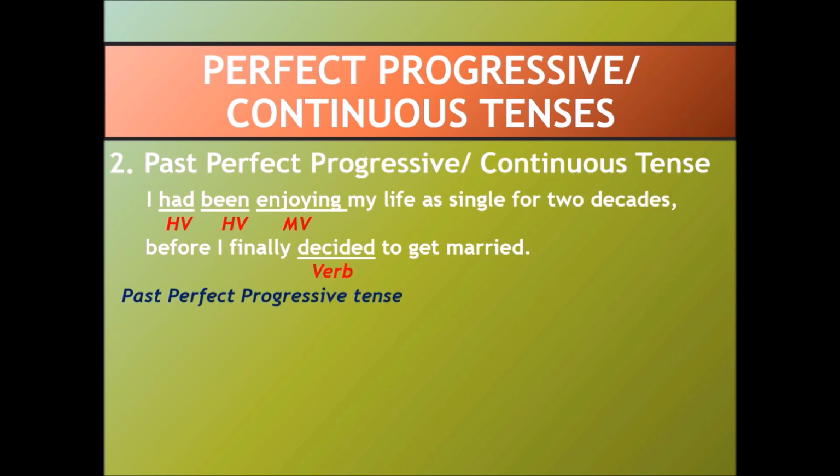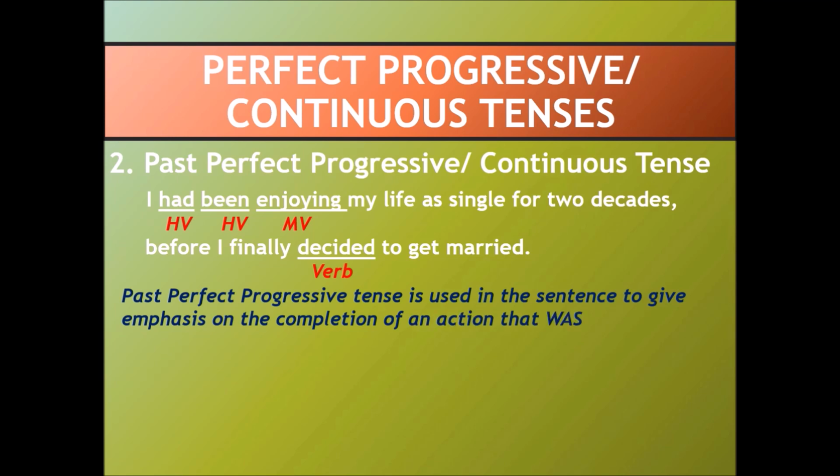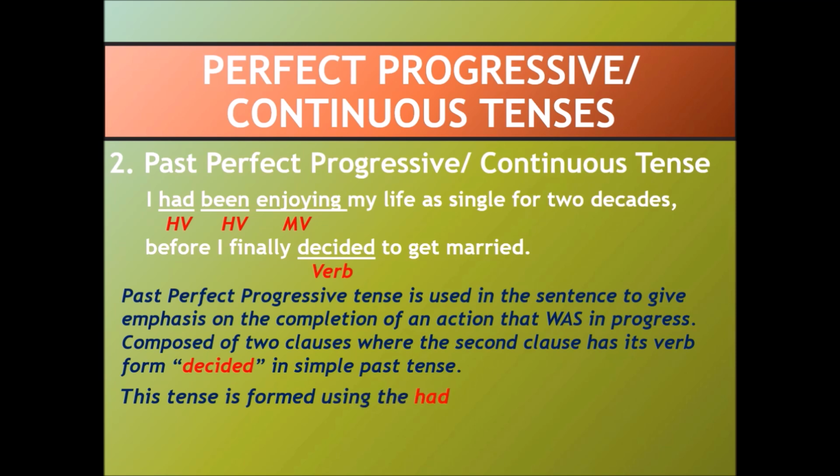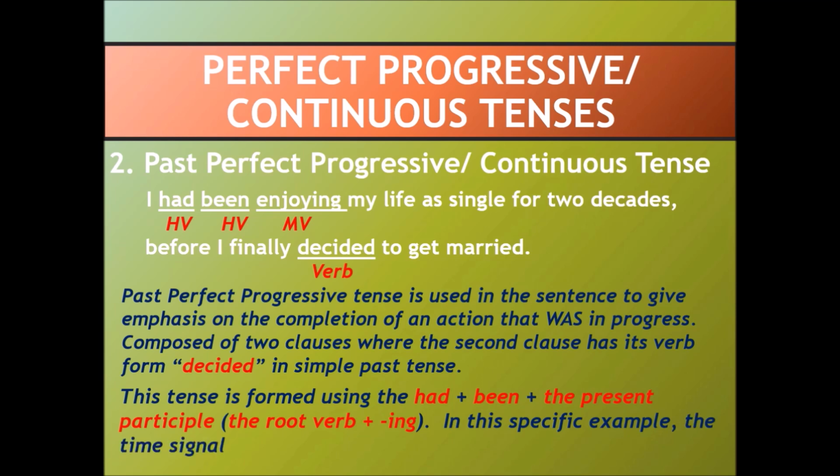Past perfect progressive tense is used in the sentence to give emphasis on the completion of an action that was in progress, and it's composed of 2 clauses where the second clause has its verb in simple past tense. This tense is formed using had plus been plus the present participle, or the root verb plus ing form of the verb, and in this specific example, the time signal is 2 decades.